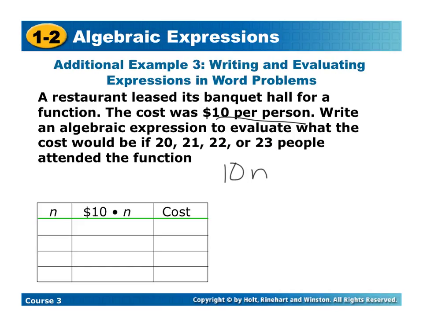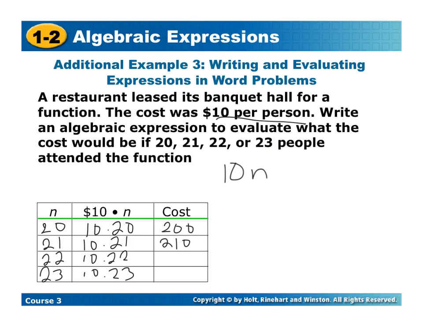So that's what we're going to put in for our n. So we have 20, 21, 22, and 23. So now we just have 10 times each of these values. So this would become 200, 210, 220, and finally 230.